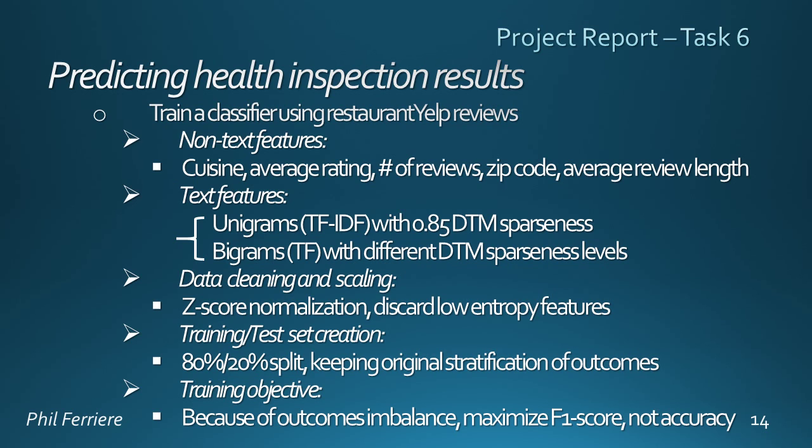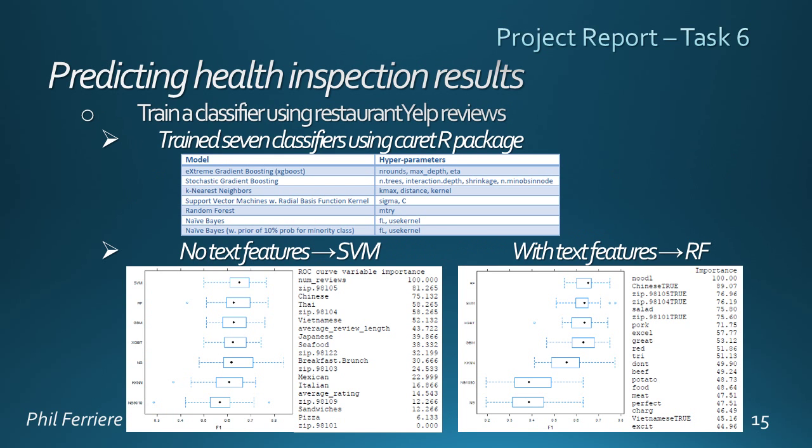Because there was a major imbalance between positive and negative outcomes in the data, rather than relying on accuracy as a training objective, I used the F1 score instead, that is the harmonic mean of precision and recall. I trained 7 different classifiers, including XGBoost, GBM, KNN, SVM, random forests, and 2 naive Bayes classifiers.